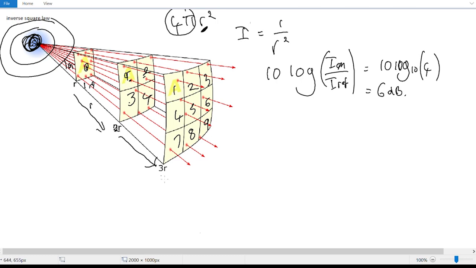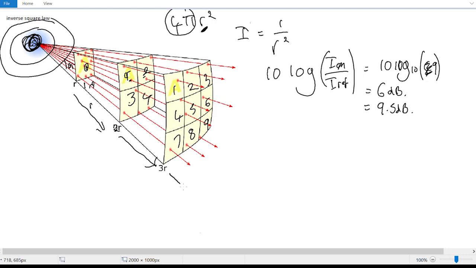If we're going 3 times the distance, that's now 3 squared. So this number becomes a 9, and that is roughly 9.5 decibels.